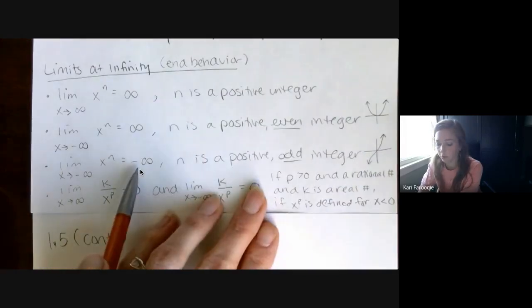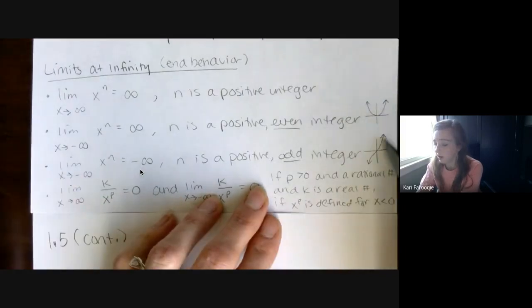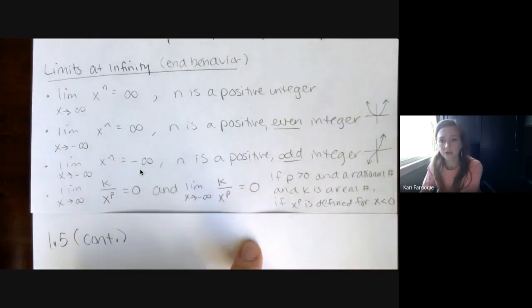That's where you see the difference in this limit as x approaches negative infinity. For both graphs, as x gets large, y gets large. The difference is what happens when x gets increasingly small: for even n, your values head towards positive infinity, and for odd n, your values head towards negative infinity. That's the big difference there.